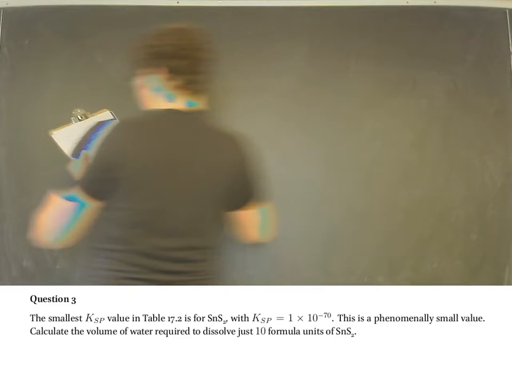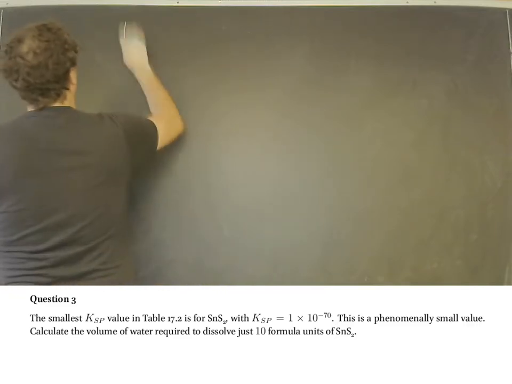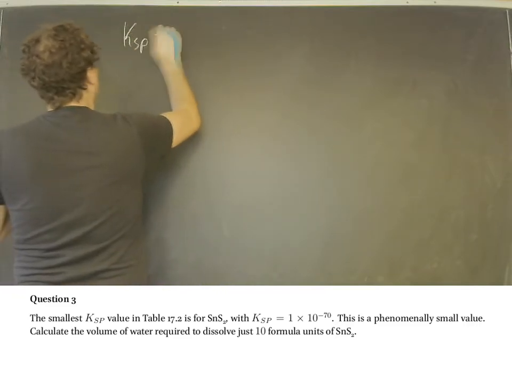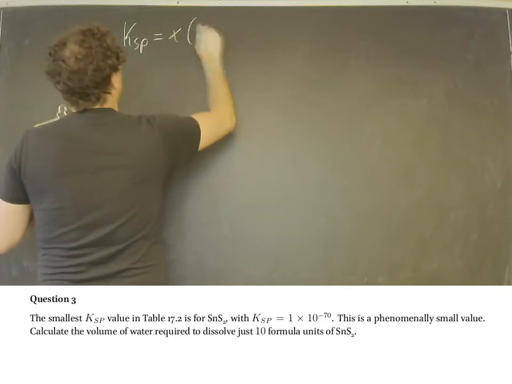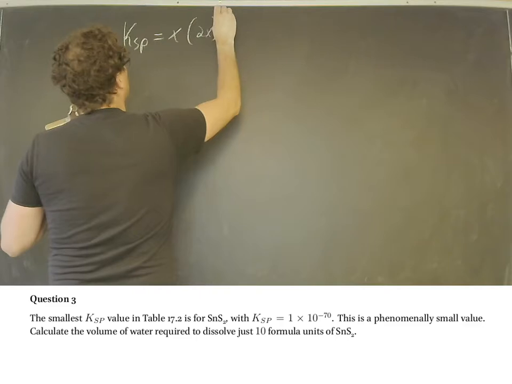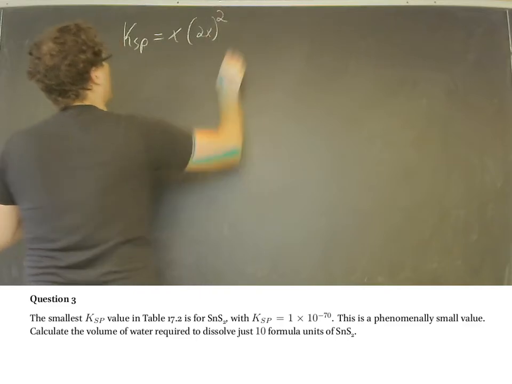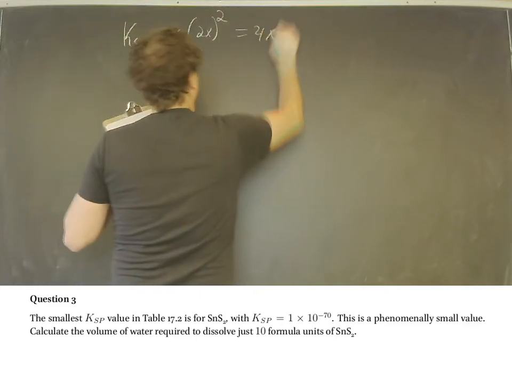So we can find the molar solubility with the expression that the KSP is going to equal x, the tin concentration, and then 2x, the sulfide concentration, squared. So that's going to equal 4x cubed.